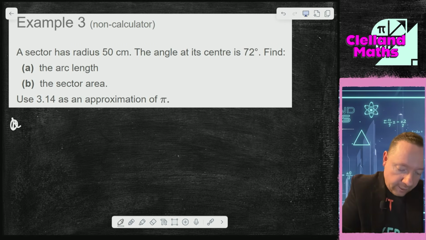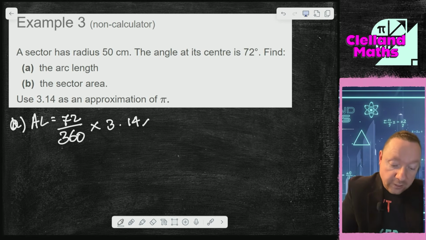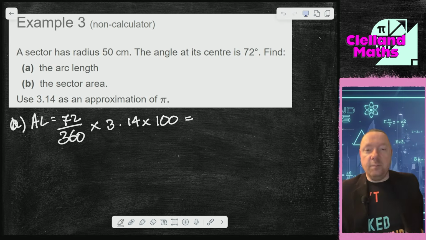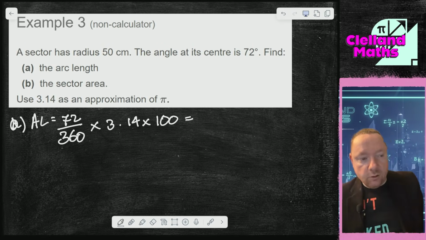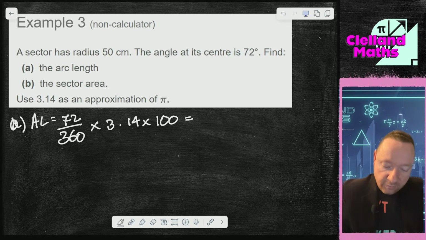For part A, our arc length is angle over 360 times pi, which is 3.14, times the diameter, 50 times 2, 100. Simplify the fraction first. 72 over 360, you can take your time simplifying that, and you'll realise that 72 actually goes into 360 five times, but you might not realise that, so you can just keep halving until you get down to 1/5.